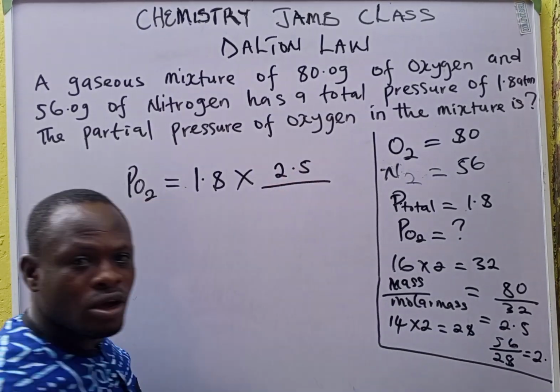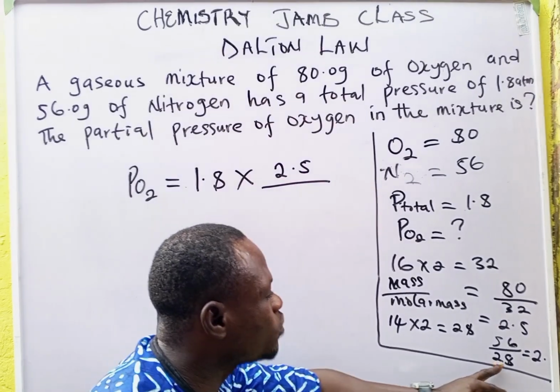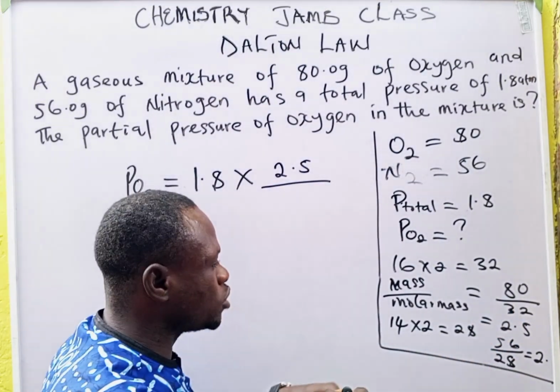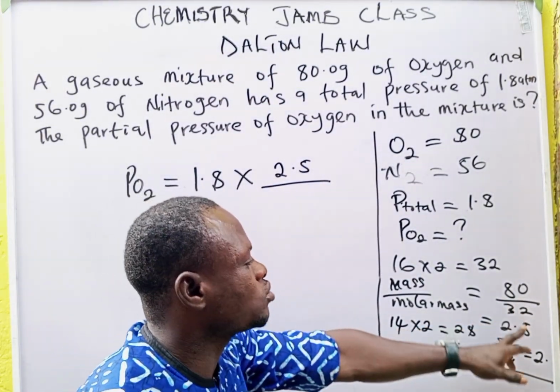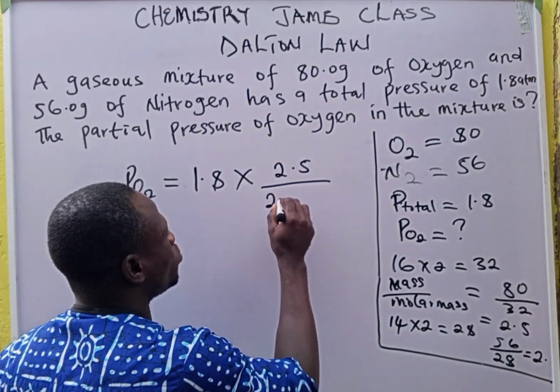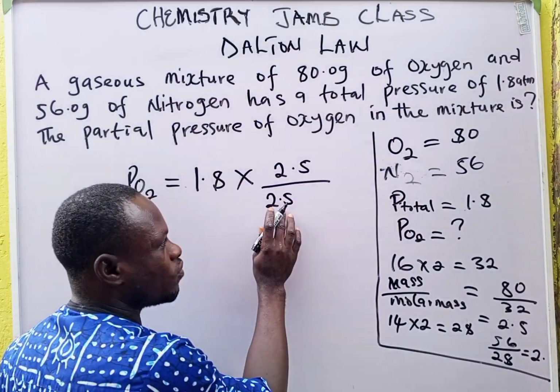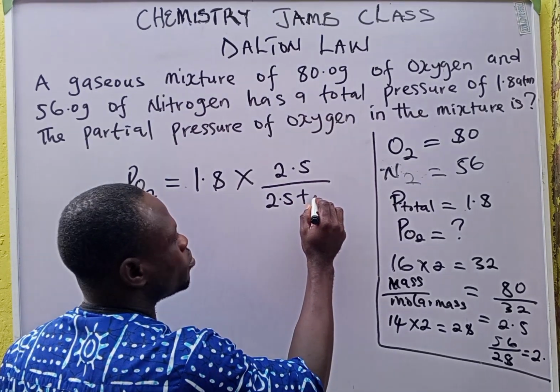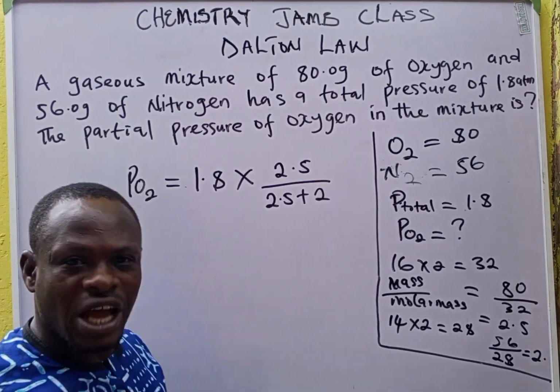You divide it by the total moles of both: 2.5 of oxygen plus 2 of nitrogen. Are you following?